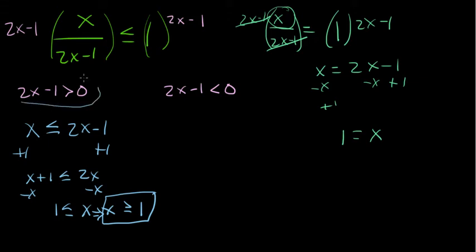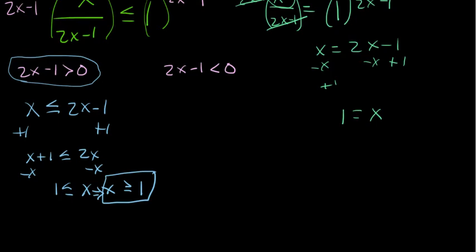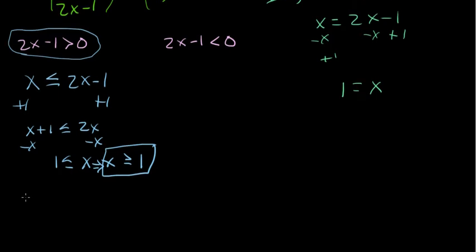But don't forget about this restriction here. So we have to figure that in there too. Move down a little bit. There we go. 2x minus 1 is greater than 0. Add 1. 2x is greater than 1.